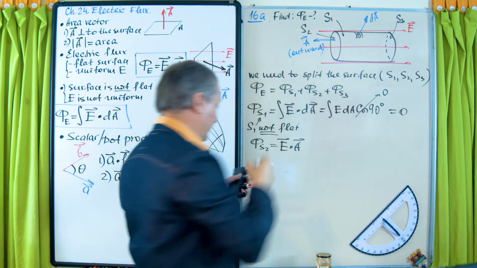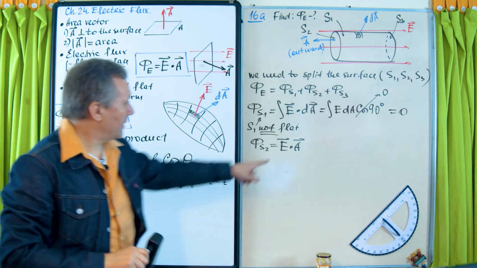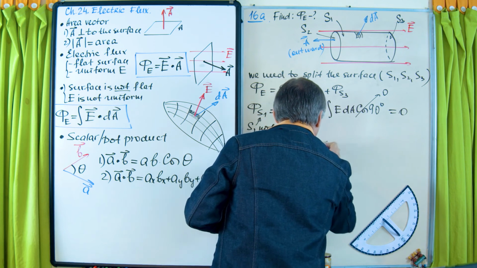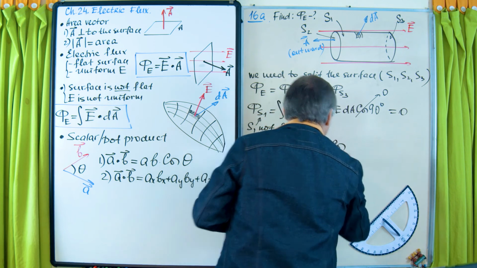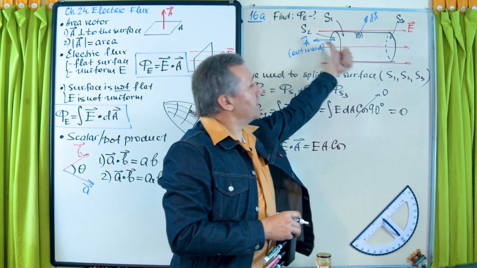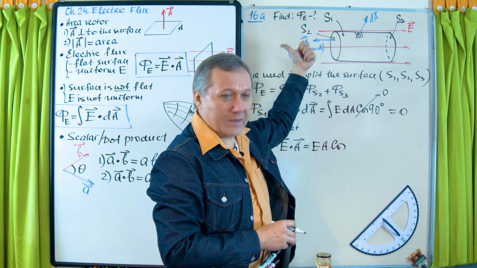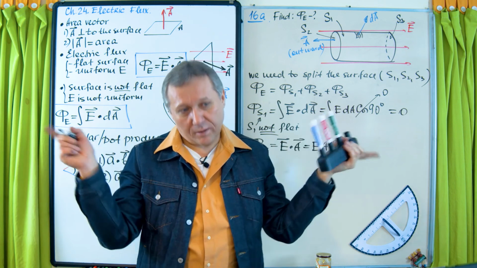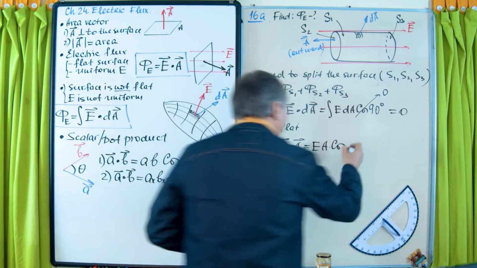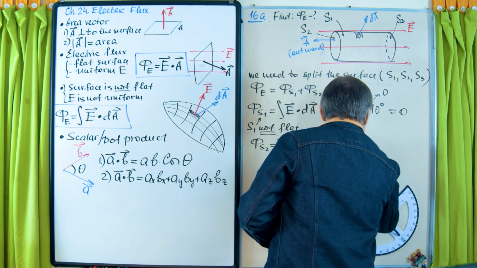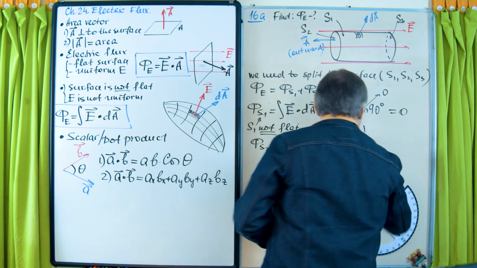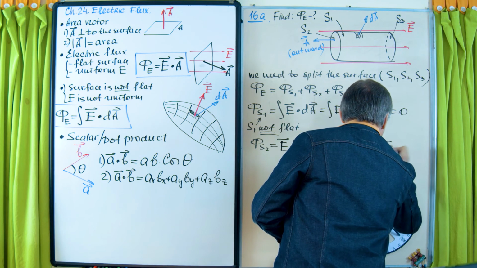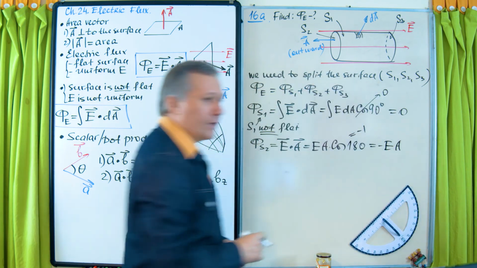As a result, I can write EA and cosine. What's the angle between the vector pointing this way and vector E pointing that way? 180 degrees, or pi, and cosine of 180 degrees is -1. So we're getting the flux minus EA.